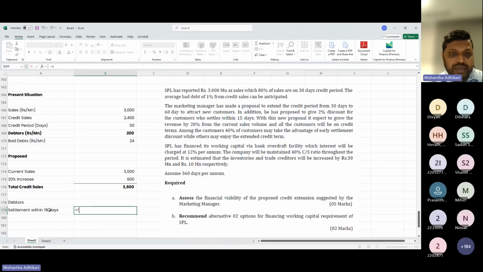Out of this 3,600 million, 40% of customers will settle within 15 days, right? Then if you work it out, it is 1,440 million worth of sales. And this is for 360 days multiplied by 15. You can get the debtor balance. This is the 15 days worth of debtors.